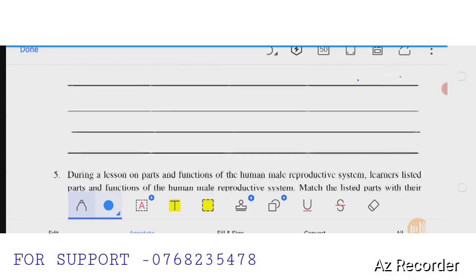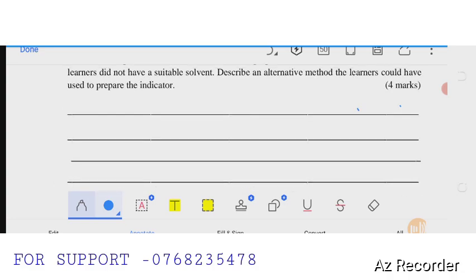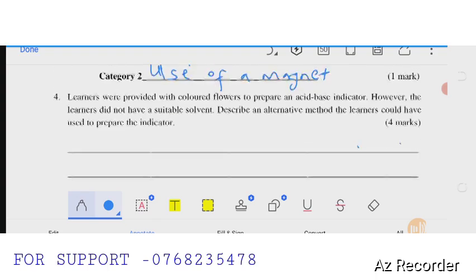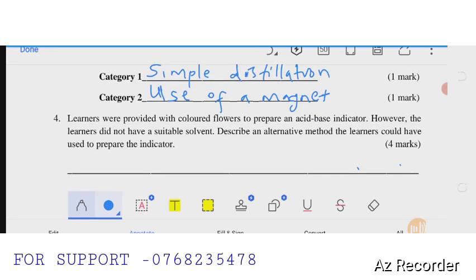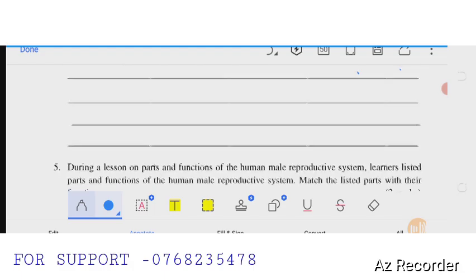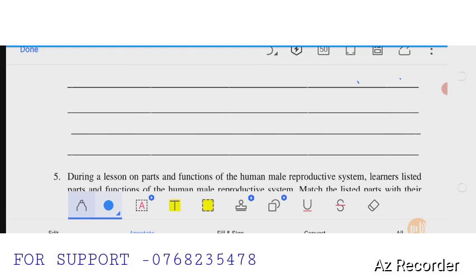So when preparing a flour extract indicator, there are solvents that are used, and these solvents include propanol. You can use ethanol, methanol, among many other solvents. But here the question says the solvent was not there. So what is the alternative method that they can use? If the solvent is not there, what we go to is water. We use water as our solvent.